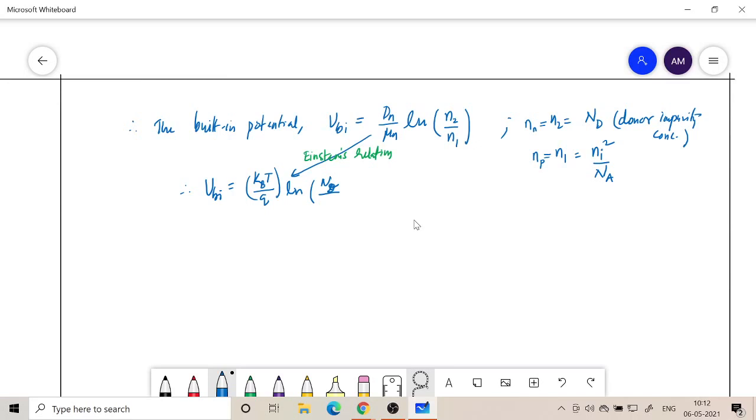Okay, so we have defined the built-in voltage as the potential on the n side with respect to the potential on the p side.